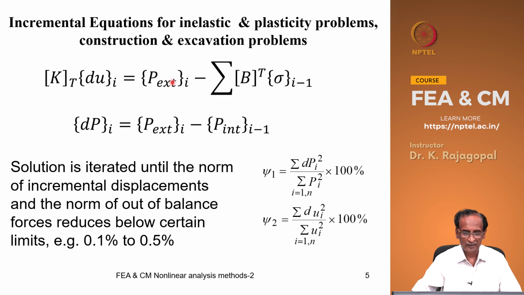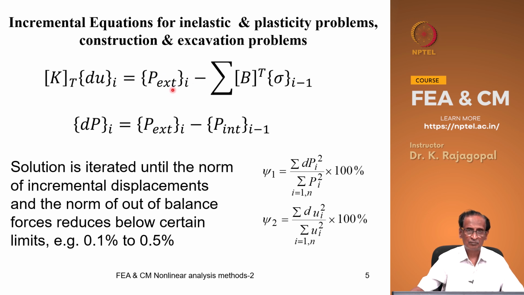And this equation that you are seeing, this equilibrium equation, is valid for all types of nonlinear analysis problems, or inelastic, elastic plastic, or construction and excavation problems. Whatever it may be, this equation can take care of it. Once again, our tangent stiffness matrix multiplied by dui is P external minus B transpose sigma i minus 1.